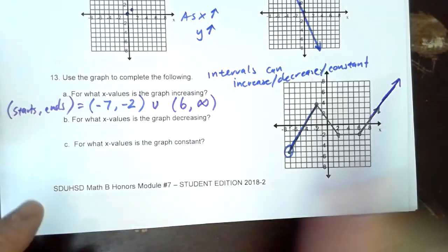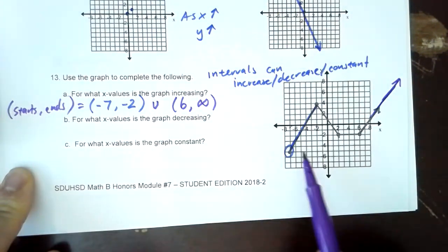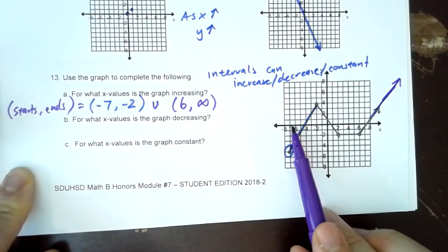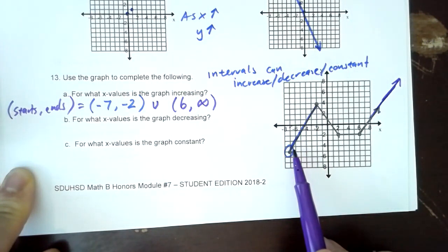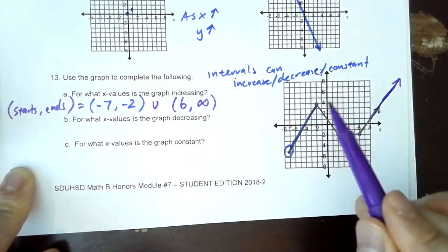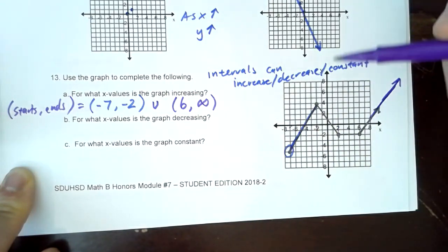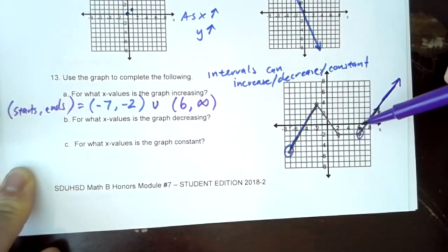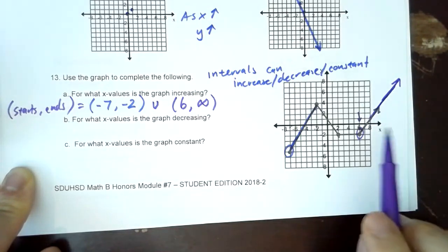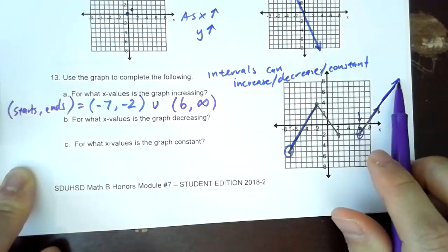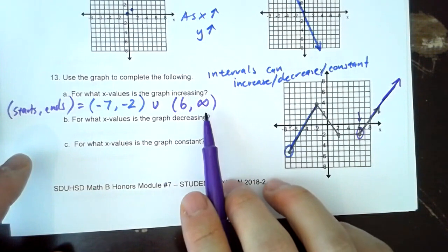So to recap, we know that it's increasing from -7. Remember, intervals always deal with x, and it increases from -7 to -2, and then it doesn't increase again until 6, the value of 6, all the way to infinity, right? Now, you can't be part of infinity.